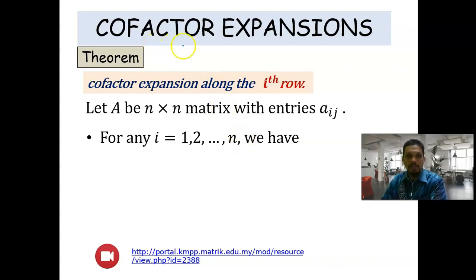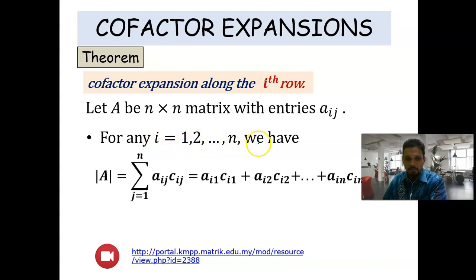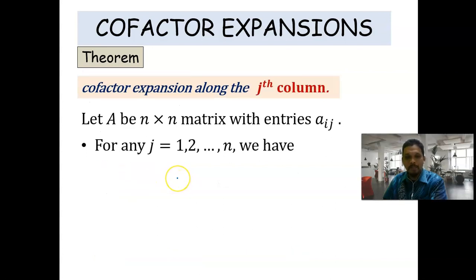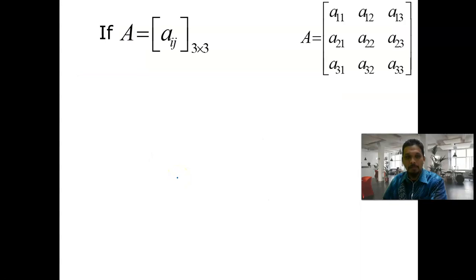So then the cofactor expansion. Cofactor expansion along the ith row. Let A be the n times n matrix with entries a_ij for any i, 1, 2 until n. Then we have that the determinant of A is a summation of the elements a_ij with the cofactor of ij. Okay.